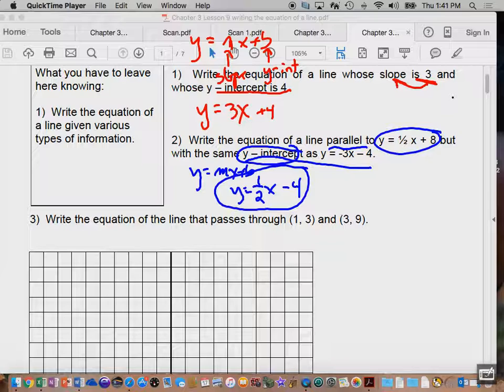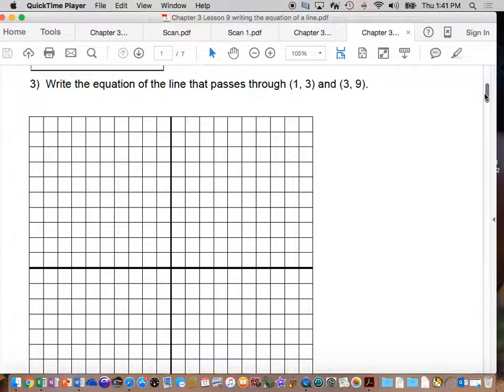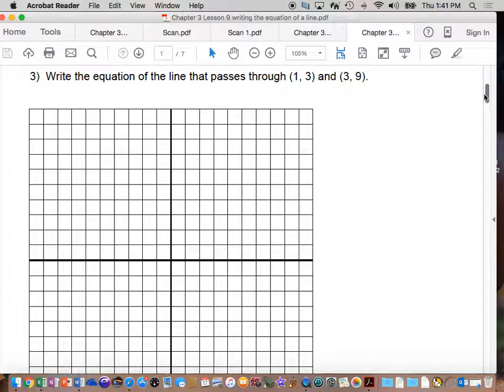Okay, so now we get to the heart of today's lesson, and what it is we want to learn that's new today. It says, write the equation of the line that passes through (1, 3) and (3, 9). Now, to do this right, you need to both graph the points properly, and you need to be able to draw a straight line.